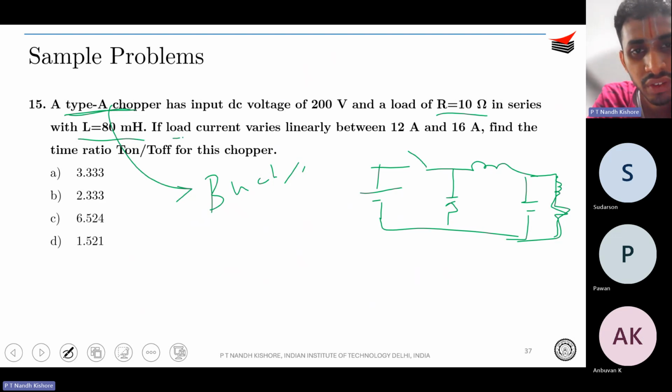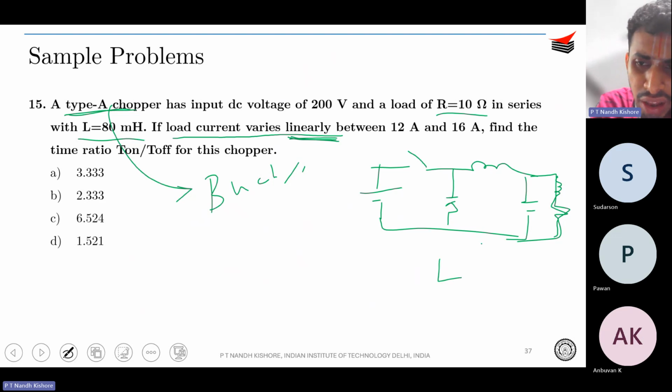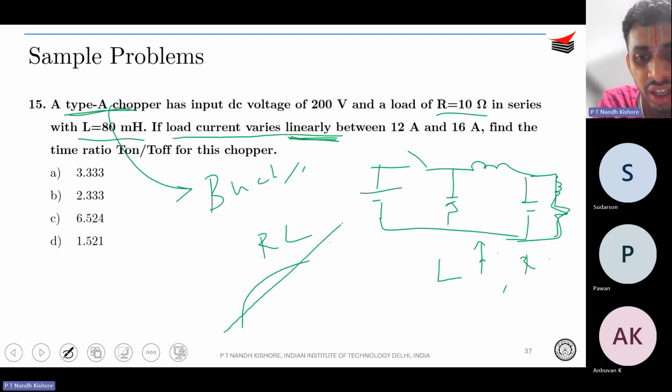If the load current varies linearly, it means your L is very, very large compared to R. Because with an RL time constant, the rise is going to be exponential, but if your L is very large, your rise becomes almost linear. Therefore, you can neglect L for this question because load current varies linearly. Find the time ratio T on by T off for this chopper.